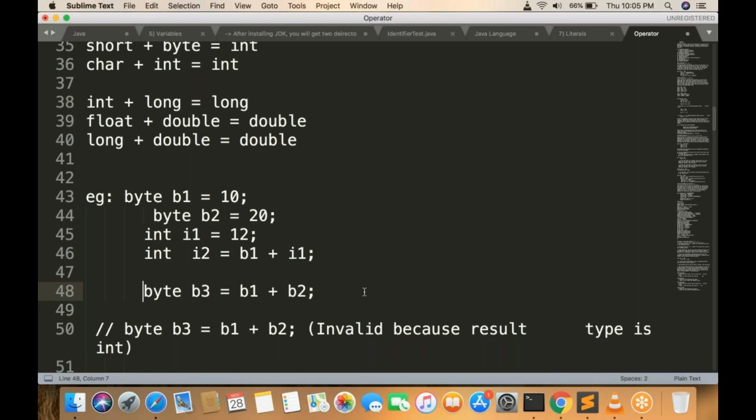Did I discuss typecasting here or in my previous classes? No, I haven't told you about typecasting. I will discuss the typecasting topic later. So I haven't used typecasting here. Forget about typecasting or anything. Just concentrate. Why is this line invalid?